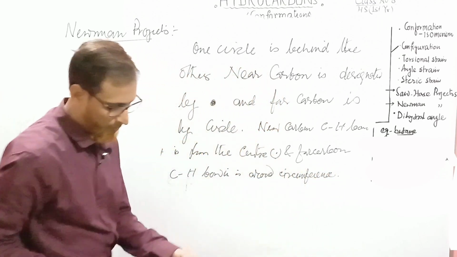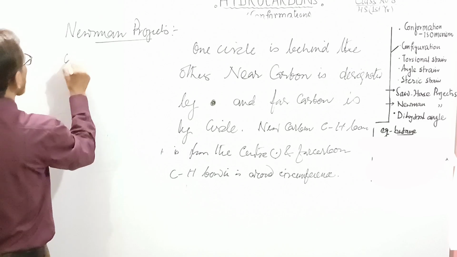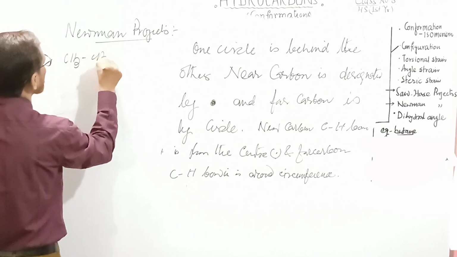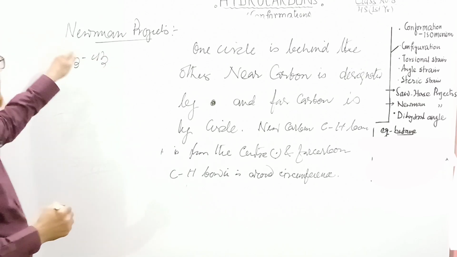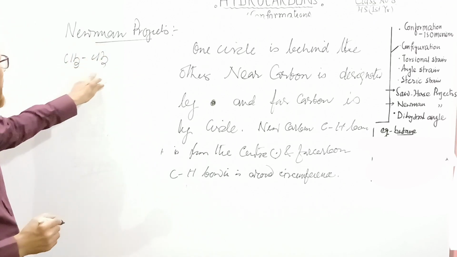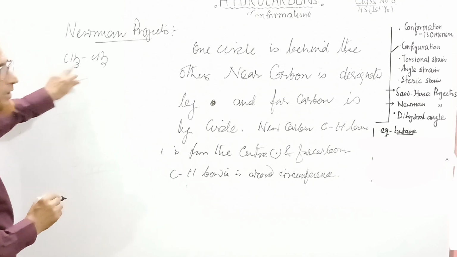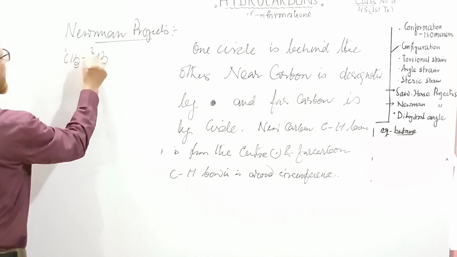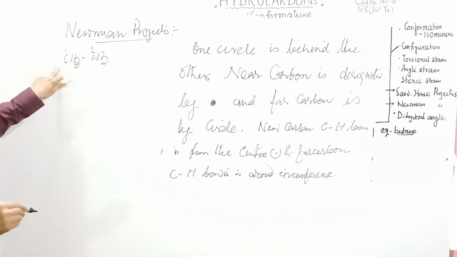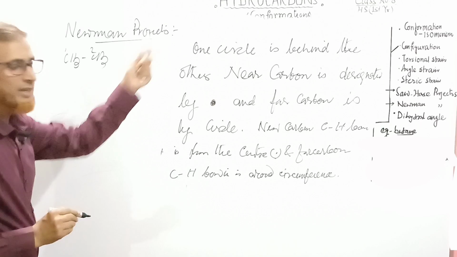I am showing you practically, so you can understand. Say ethane CH3 CH3. Let us represent it with the help of Newman projection formula. Now there are also two carbons, carbon 1 and carbon 2. Say carbon 1 is the near, front carbon, and this is the rear carbon, the far carbon.